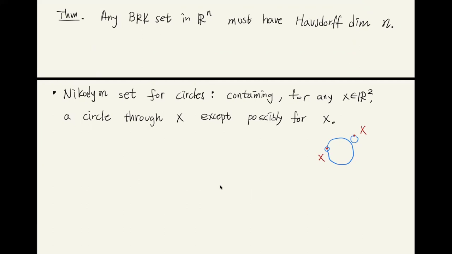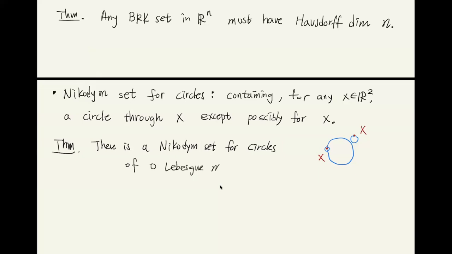And in a relatively recent work, it has been shown that there is a Nikodym set for circles of zero Lebesgue measure. And this is also obtained by Ellen Zhang and Sony.